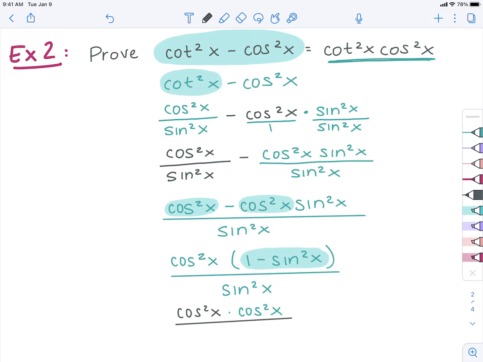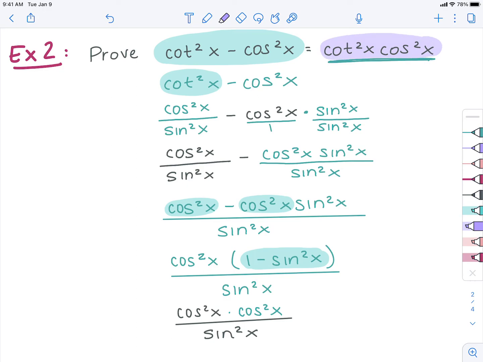And I'm going to keep my denominator the same. And now remember, I'm trying to get cotangent squared times cosine squared.